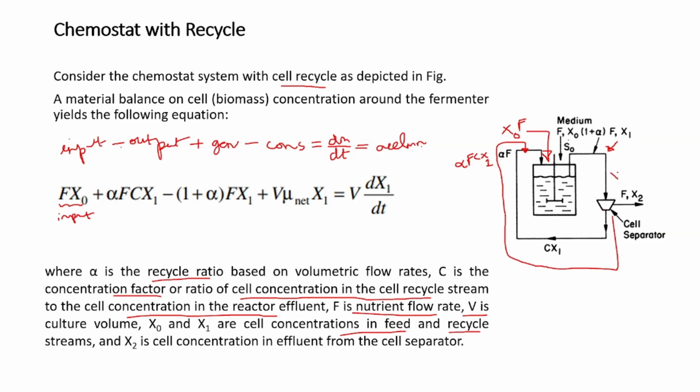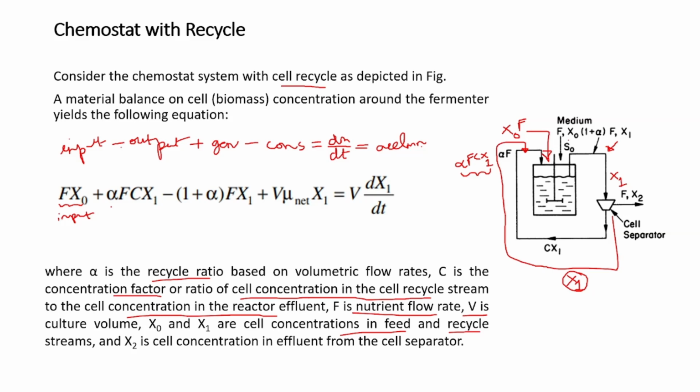So x1 is what is coming out from the effluent stream and going into the feed flow stream via this recycle stream. So x1 is the cell concentration in the recycle stream.